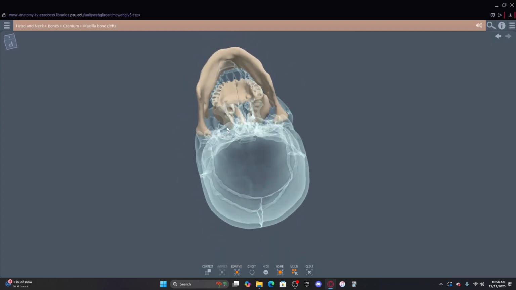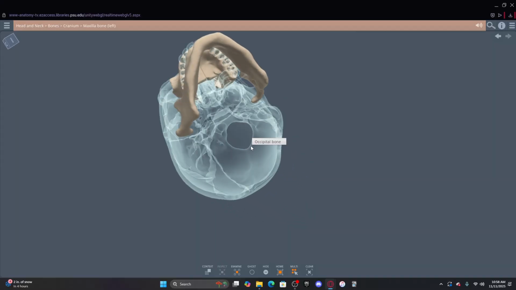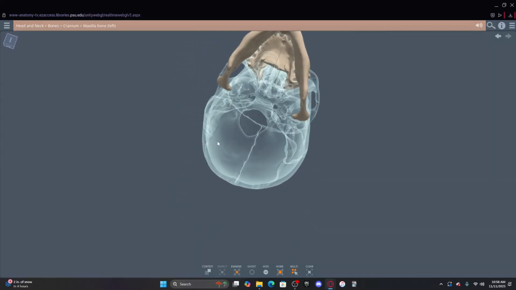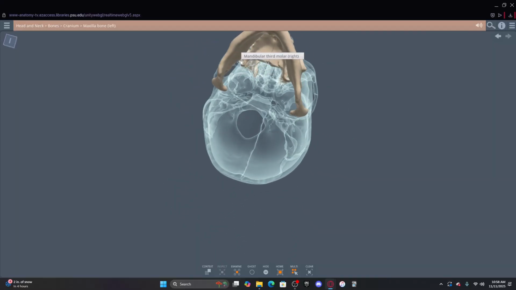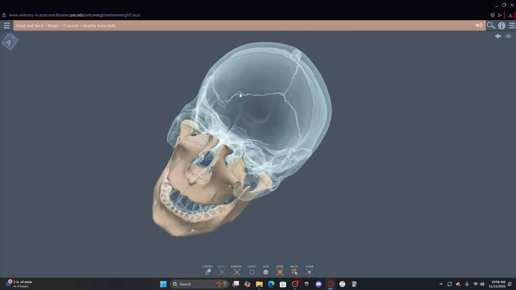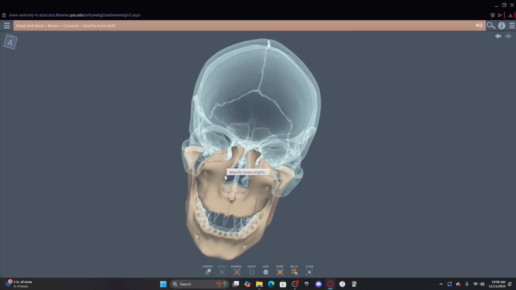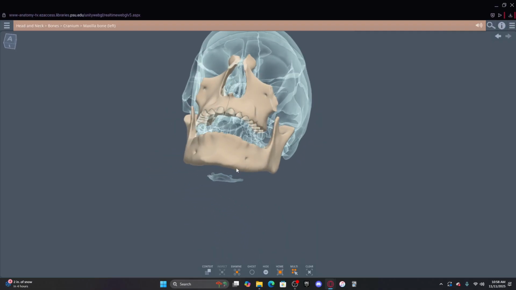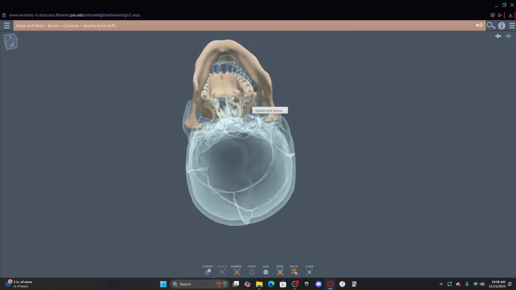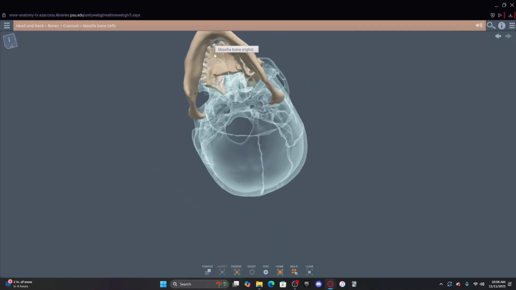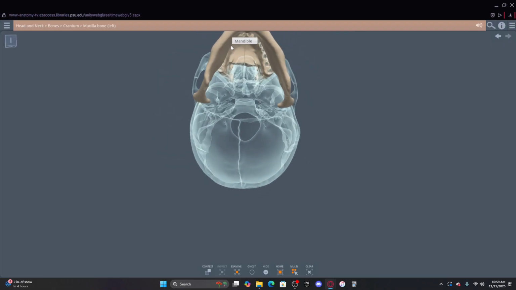And similarly with the roof of your mouth, the maxilla is still comprising the anterior portion of the roof of your mouth. So the inferior aspect of your nasal cavity, as well as the anterior aspect of the roof of your mouth.